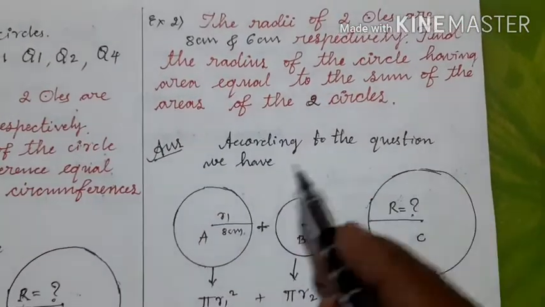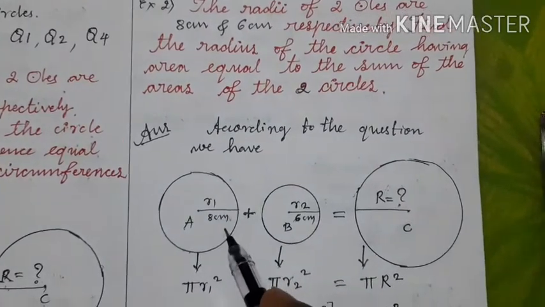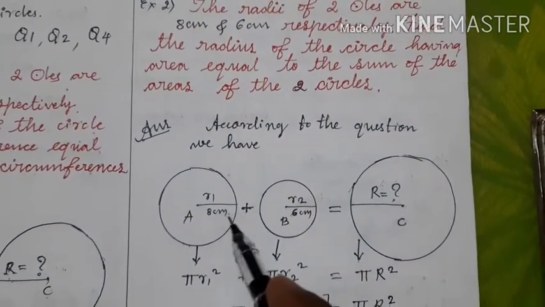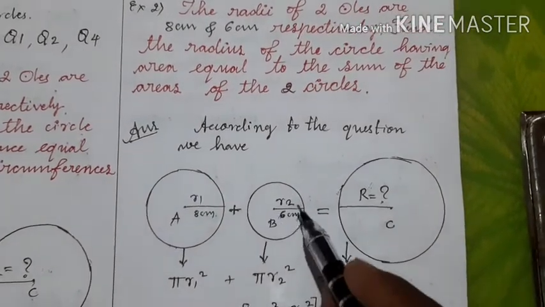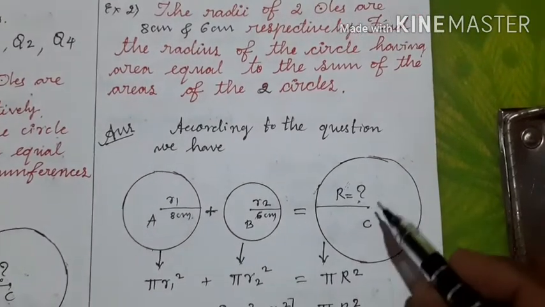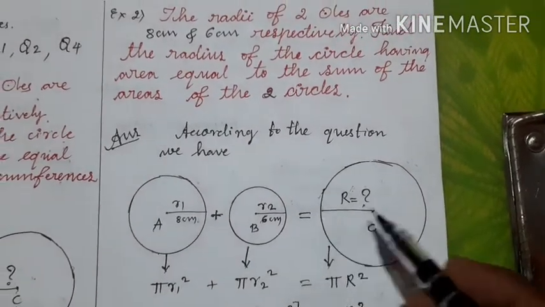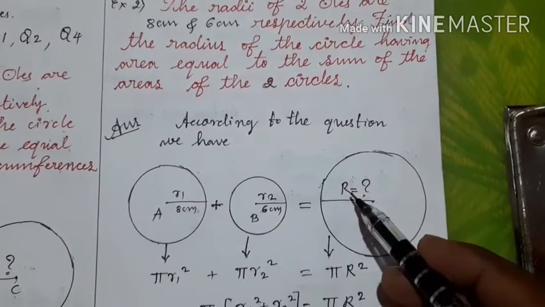According to the question, we have the area of this circle with 8 centimeter radius plus the area of this circle with 6 centimeter radius is equal to the area of this new circle. Okay, and this new circle will have the radius R, and that is what we have to find.